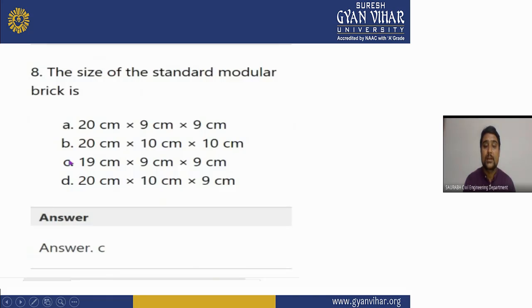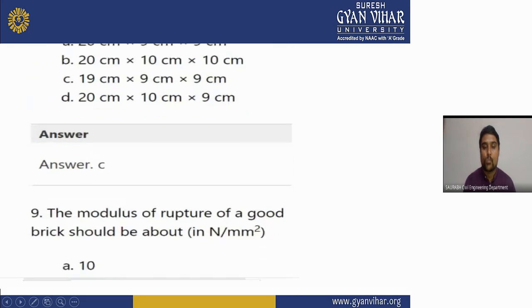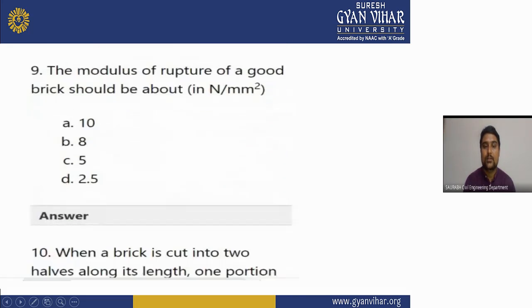Oh, sorry. It is 19 into 9 into 9 centimeter. That will be your right answer. And 20 into 10 into 10 is the size of standard brick. Now come on the next question.